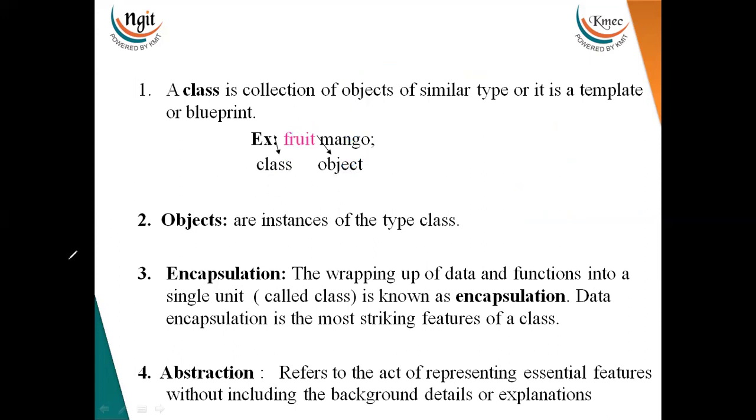This is how we define the class. Sir, what exactly is an object? Objects are instances of the class. Sir, what do you mean by instance? Instance is nothing but the result of a class, and that can be called an object. And this object, as I said, contains different characteristics: it contains the state, the behavior, and the identity.